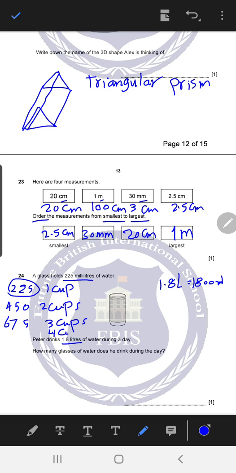Then 4 cups, the first number 225 by 4, it's 900. And we will keep going until we get 1800, which equals 8 cups. So it's 8 cups.